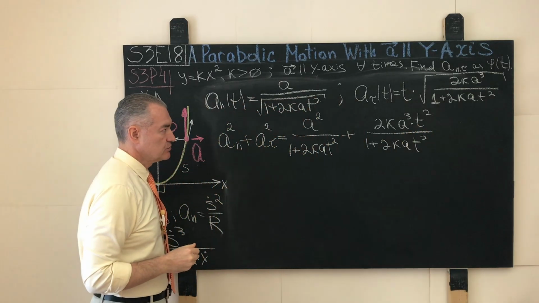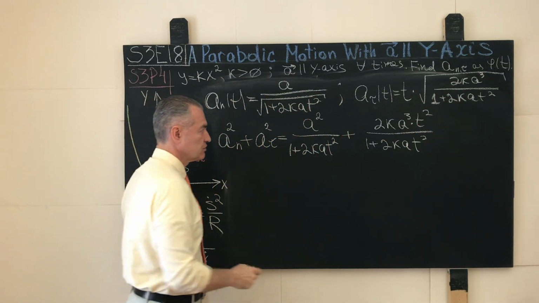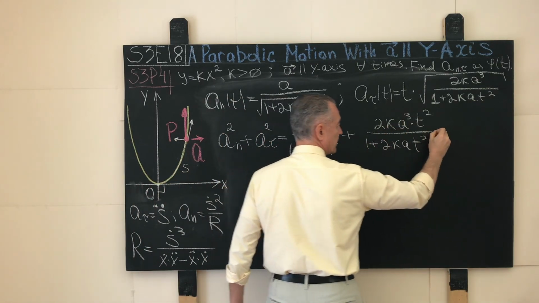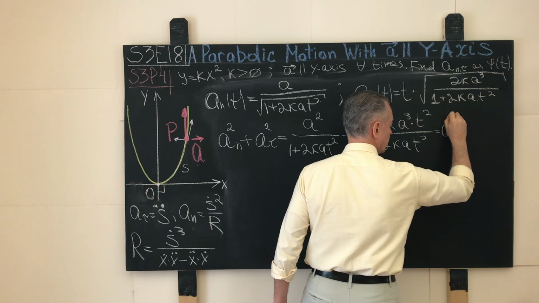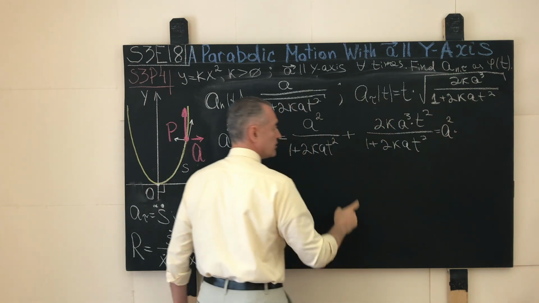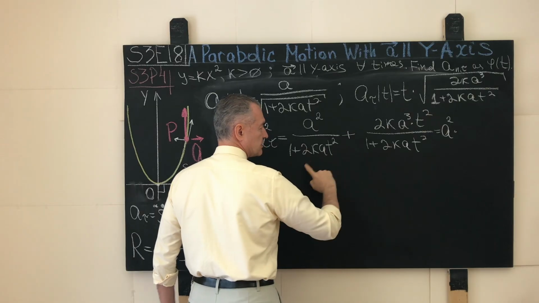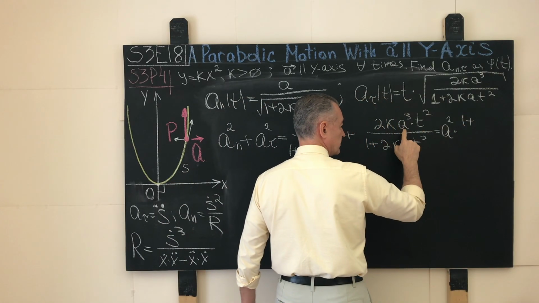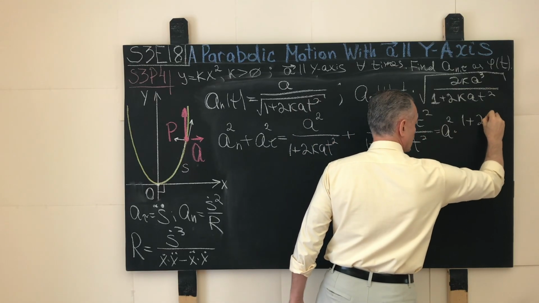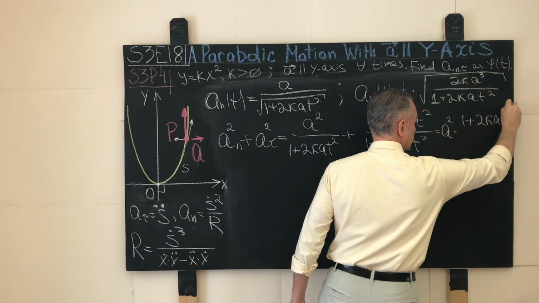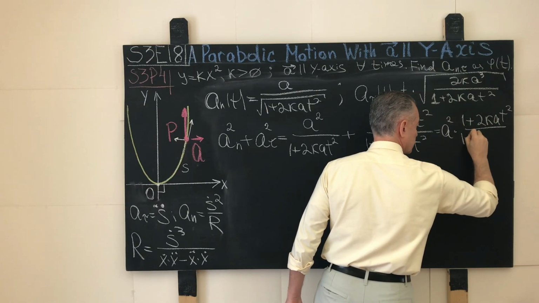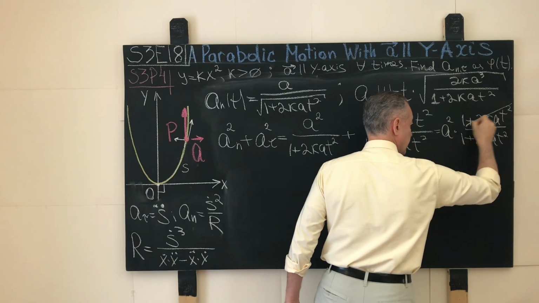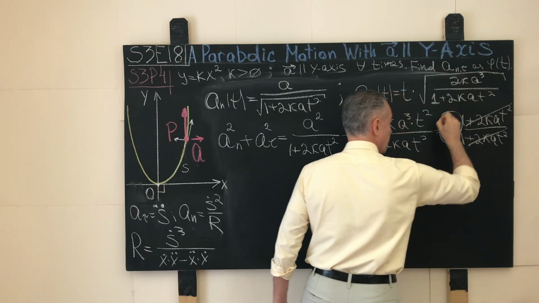Do things look good for our hero? Look at this, a squared and a cubed. We can factor out one copy of a squared. What we will have left in the numerator is 1 plus 2k a t squared, and the denominator is the same, 1 plus 2kat squared. Cancel. The result is a squared.